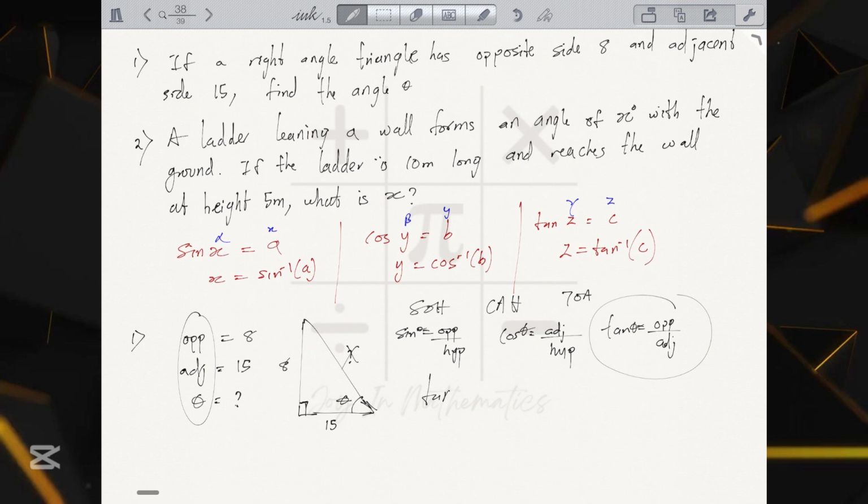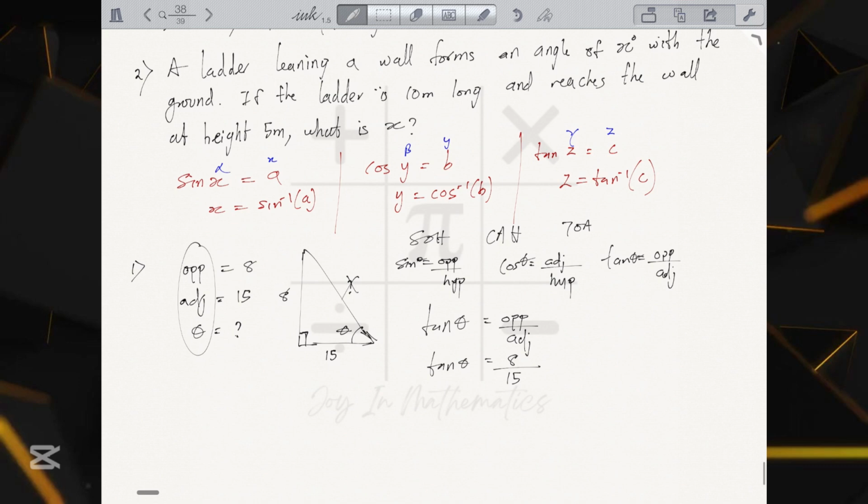So if we are using tan theta is equal to opposite over adjacent, we know definitely that our opposite is equal to 8, our adjacent is equal to 15, and we can evaluate our theta. So 8 divided by 15 using our calculator will give us 0.5333.